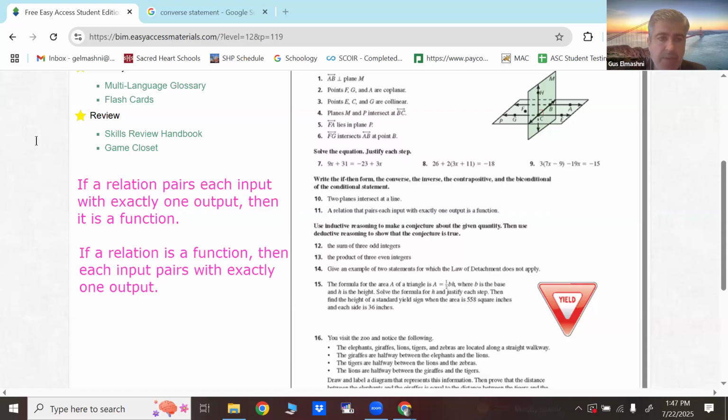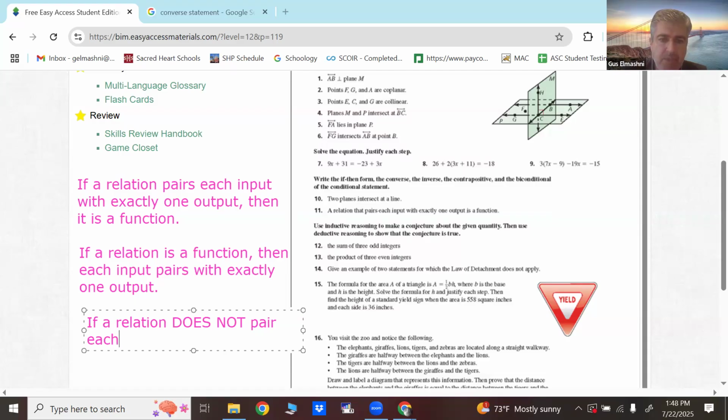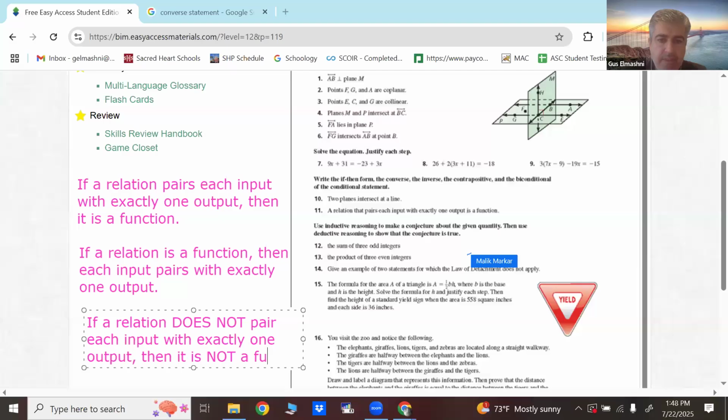Then the inverse would be, if a relation does not pair each input with exactly one output, then it is not a function.